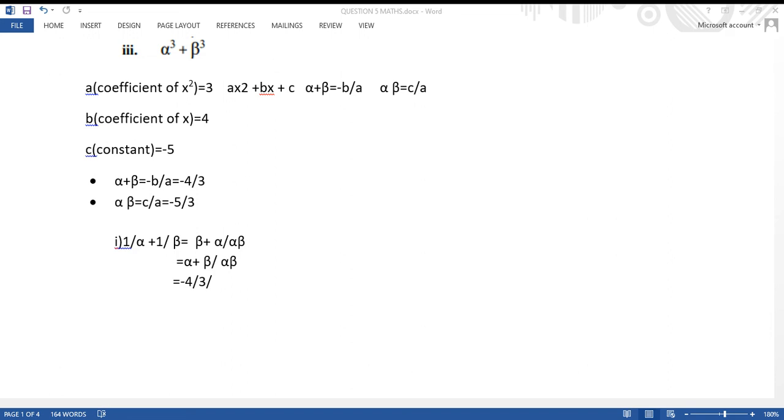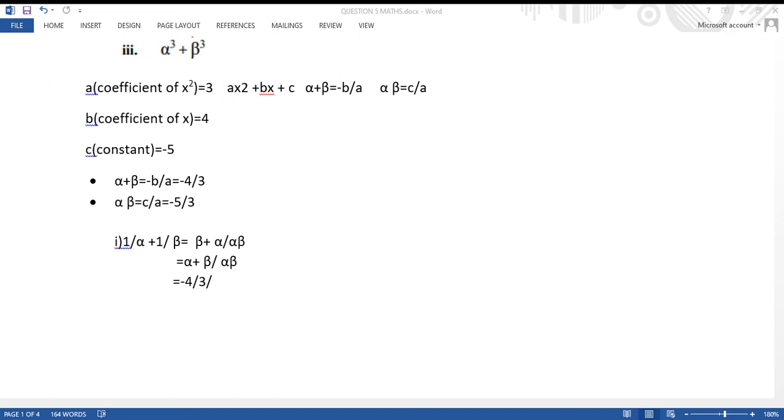15 over 9? Why isn't it 15 over 9? I'm working like this. I'm now multiplying by 3. If you want, you can work this way: negative 3 times negative 5 over 3, you get negative 15 over 3.